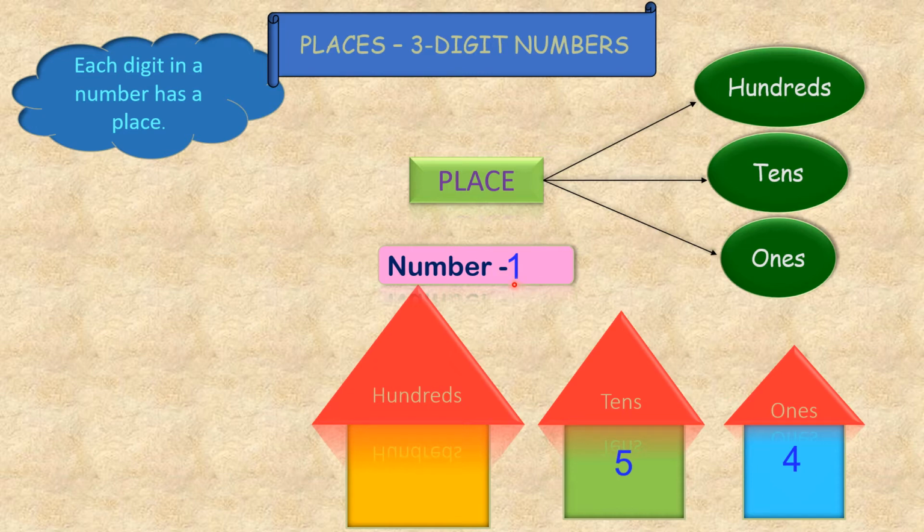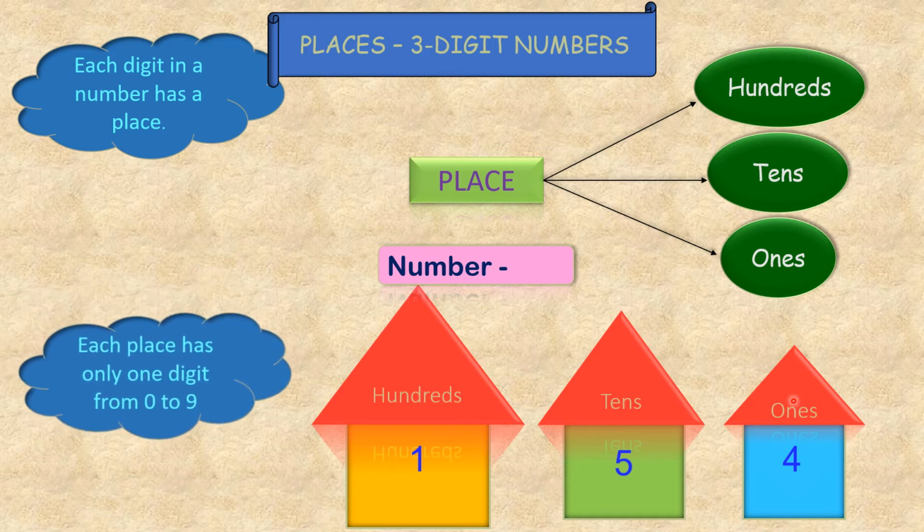And the next one is 1 in a 3-digit number, which goes in hundreds. 1 in hundreds, 5 in tens, and 4 in ones. That's how we place the digits in their respective houses. So hundreds, tens and ones are 3 different places for a 3-digit number.